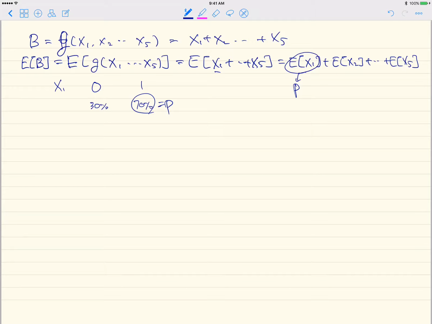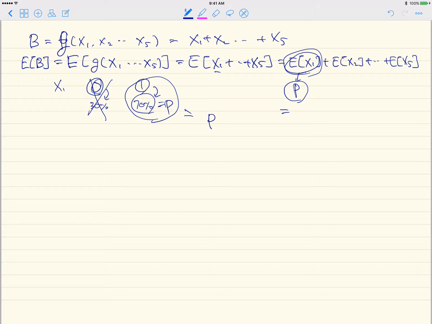And so in this case, how can we compute the expectation? We consider all the possible values and then multiply each with its associated weight or probability value. Since the 0 term can be ignored, the resulting value will be just P. So basically the expectation of each Bernoulli random variable is just the probability of being 1.